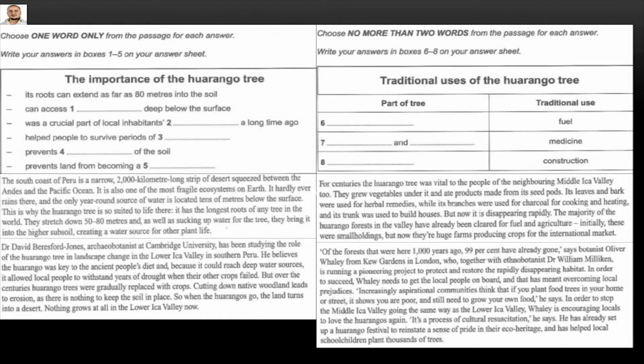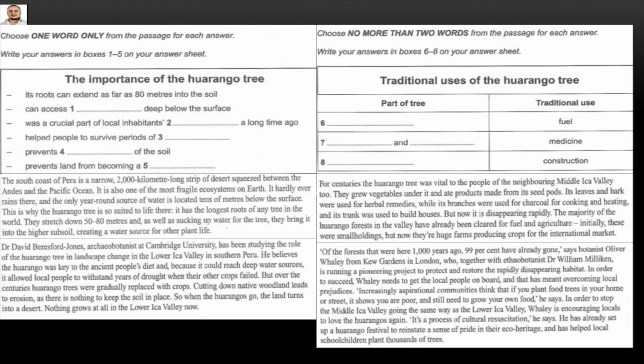That means a long time ago. Diet. So number 2 will be diet. And because it could reach deep water sources, it allowed local people to withstand. That means to survive. Here, years of drought, periods of. So number 3 will be drought.